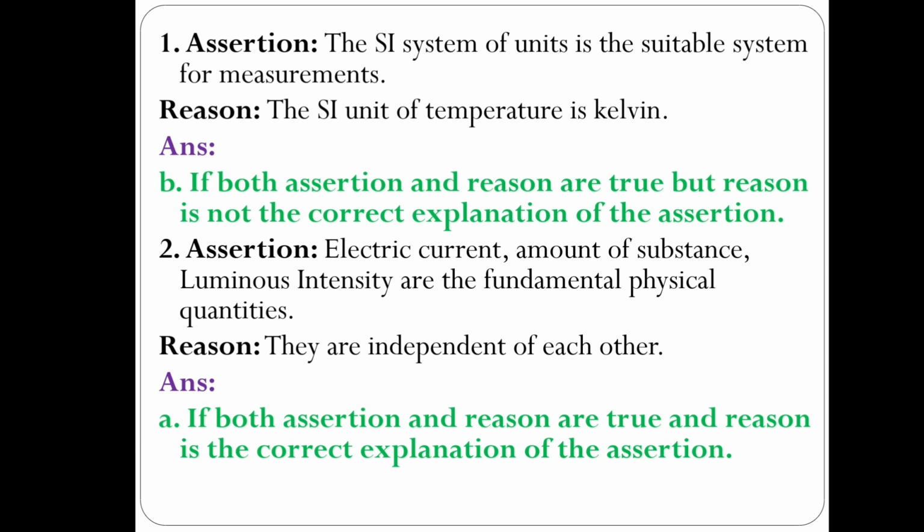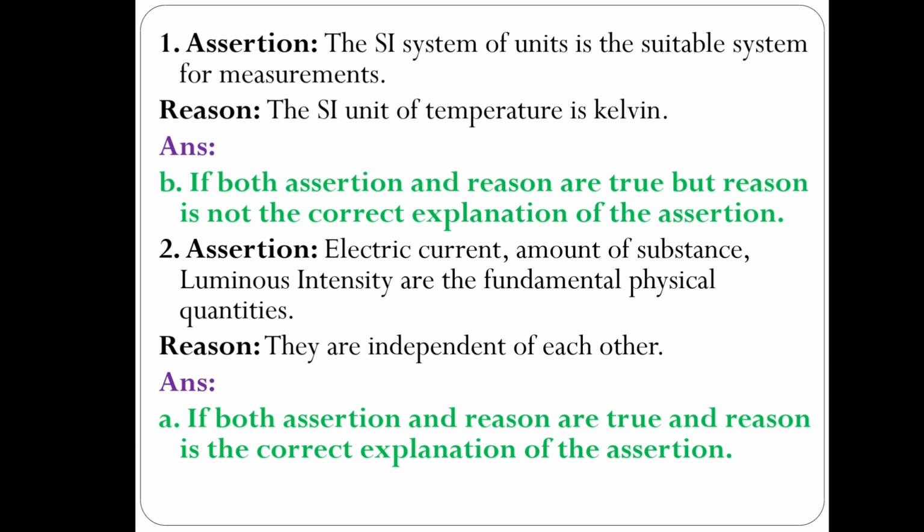Yes, the reason is also true. And both assertion and reason, they are correct. But the reason is not the correct explanation for the statement. So the answer is option B. If both assertion and reason are true, but reason is not the correct explanation of the assertion.